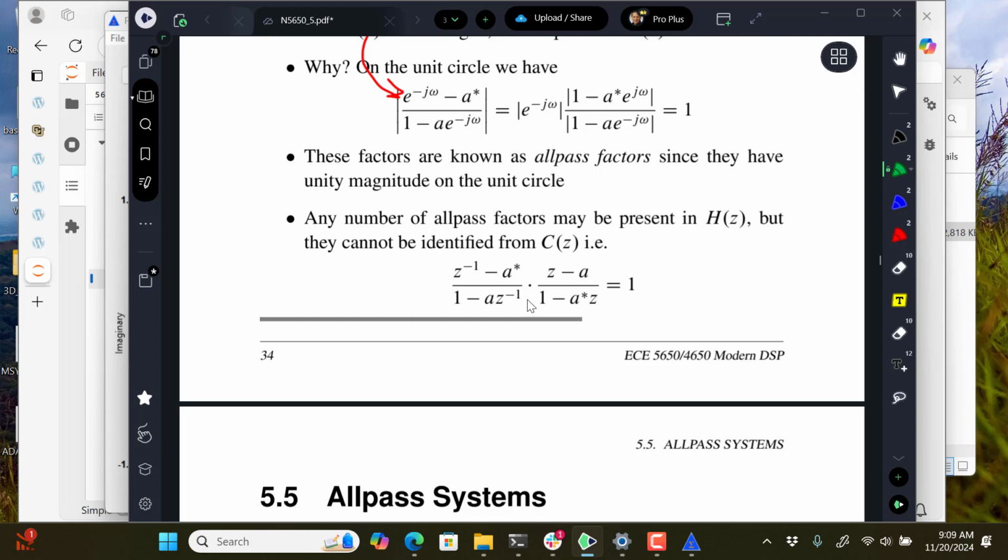And like I hinted at but didn't say very early in the class, you can use an all-pass filter to modify the group delay. So one of the big things about filters in general is, say we're just looking at the bandpass filter.